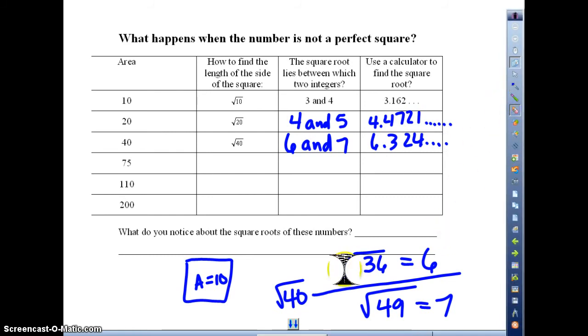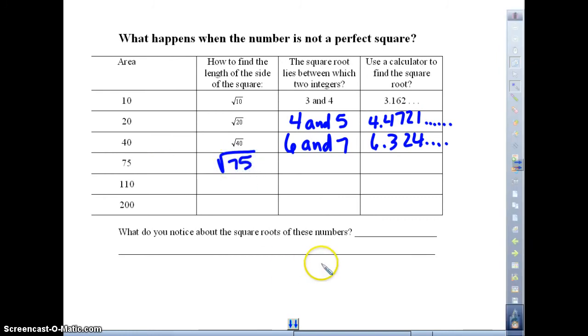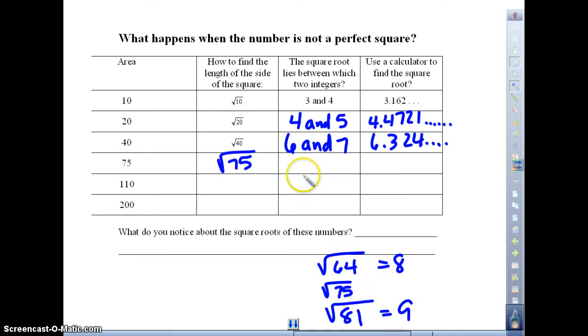All right, let's try the next one. Let's say I've got a square with an area of 75. If I want to know the side length, I take the square root of 75. The square root of 64 is 8, and the square root of 81 is 9. The square root of 75 falls between those two numbers, so it falls between 8 and 9.